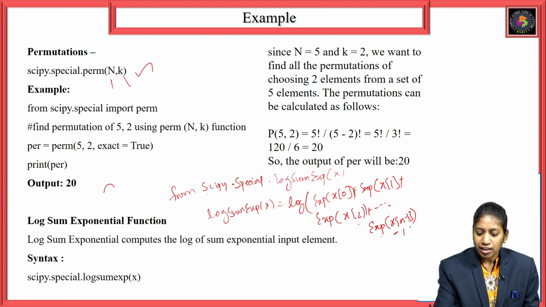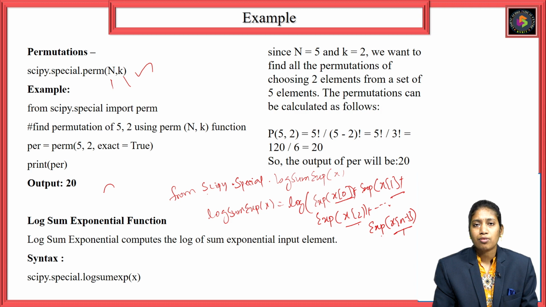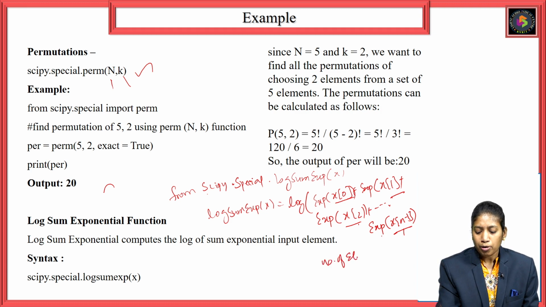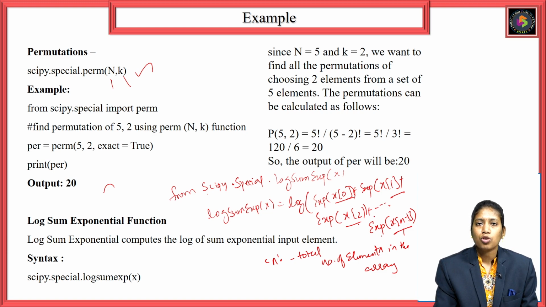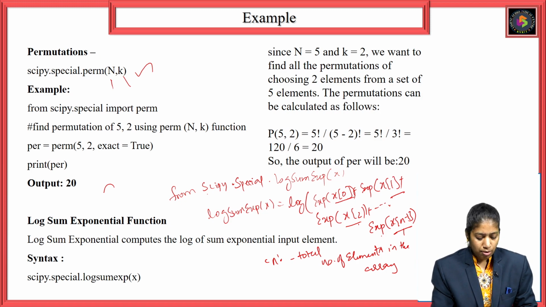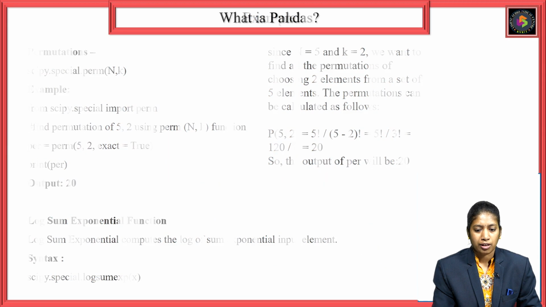Here n is the total number of elements, and x[0], x[1], x[2] up to x[n minus 1] are all elements in the array. So we are calculating the log sum exponential for that. This is how we can use the log sum exponential.